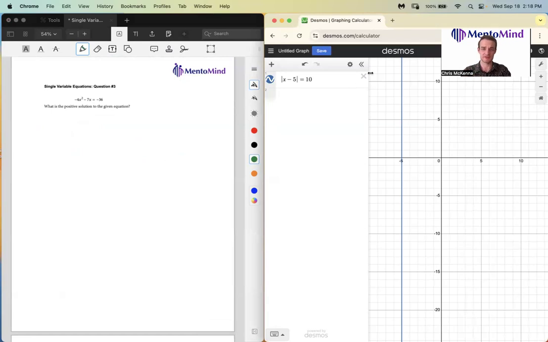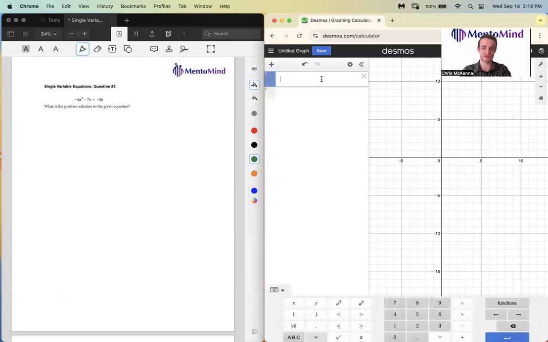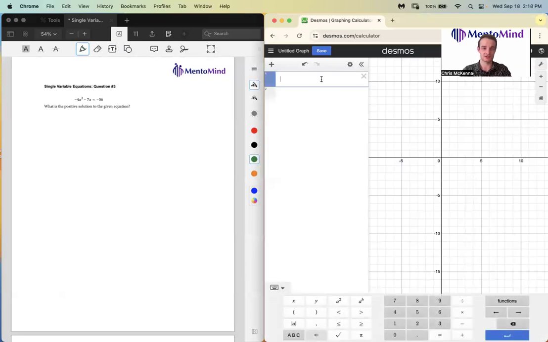With this next example, I think this is a good case for Desmos. And the reason is it's a quadratic with a leading coefficient of -4 that can't be canceled. We end up with fractions if we try to cancel that -4. So definitely a good case for using the Desmos app.